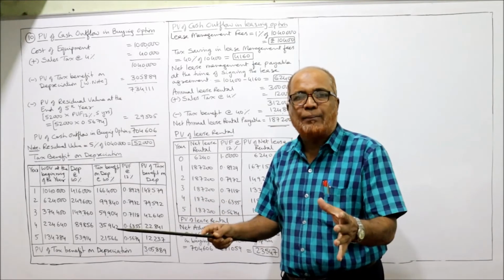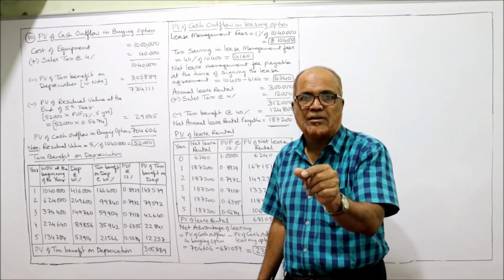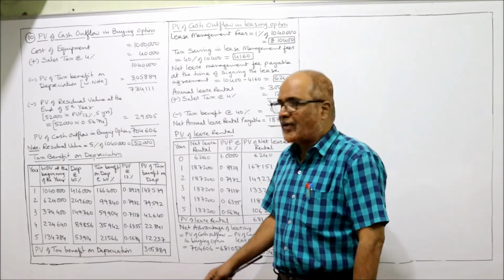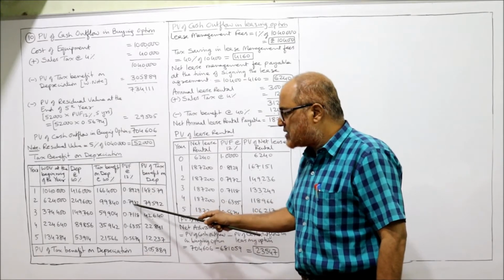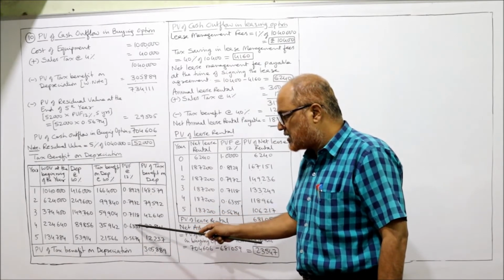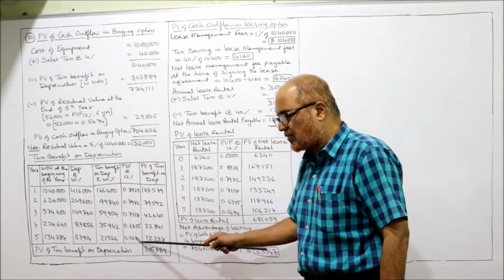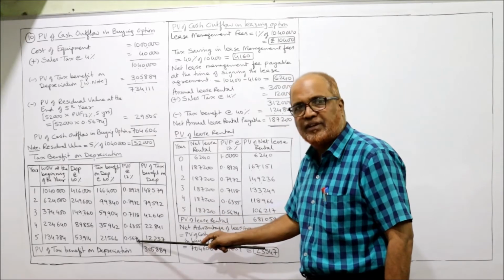If you refer to the table, present value of rupee 1 at 12%, in the 12% column, first year 0.8929, second year 0.7972, third year 0.7118, fourth year 0.6355, fifth year 0.5674. Right?